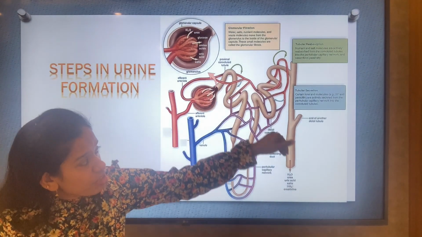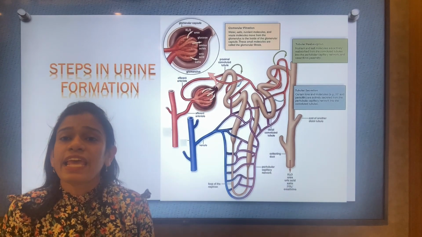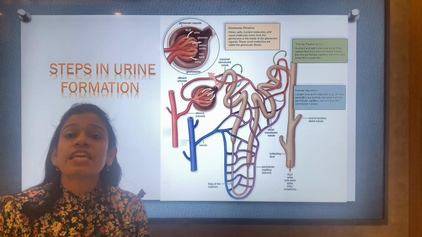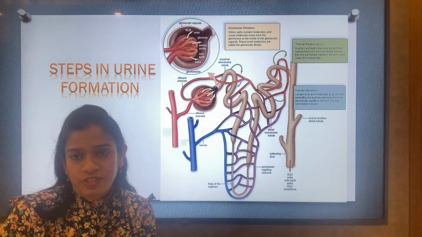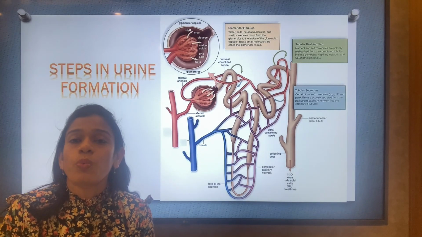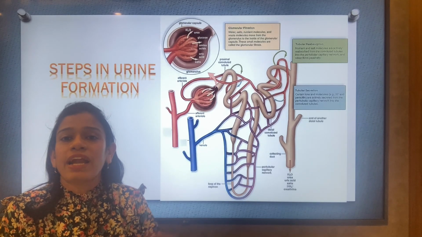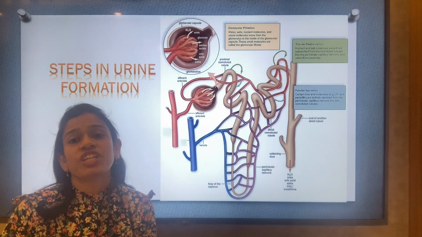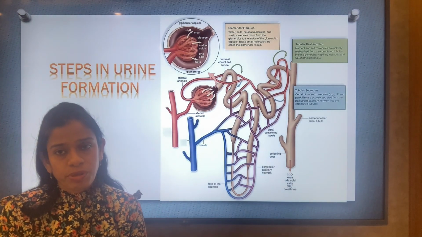Now there is tubular secretion. This is the final mode of separation, where substances that the blood has brought, which might not have been removed during glomerular filtration, are removed from the body.